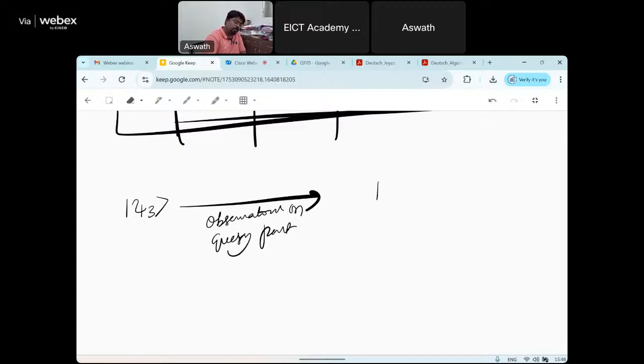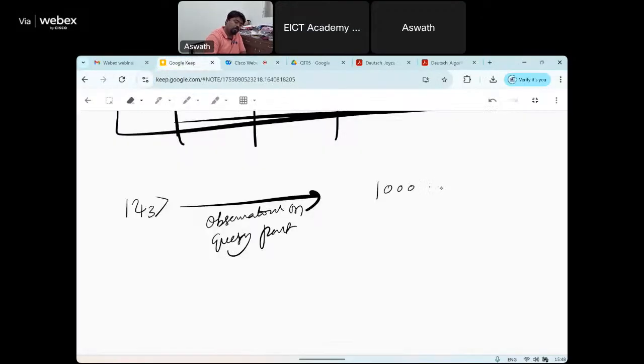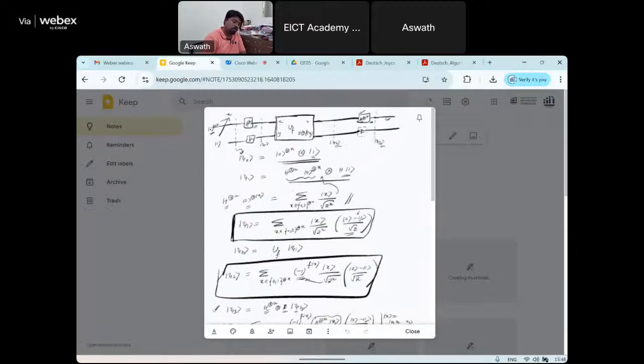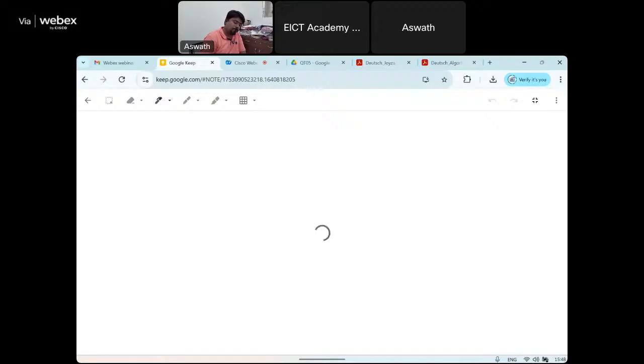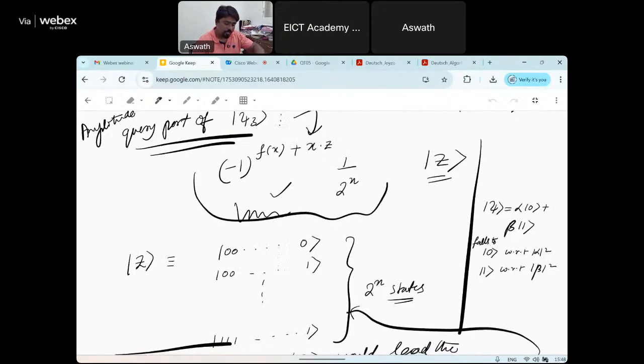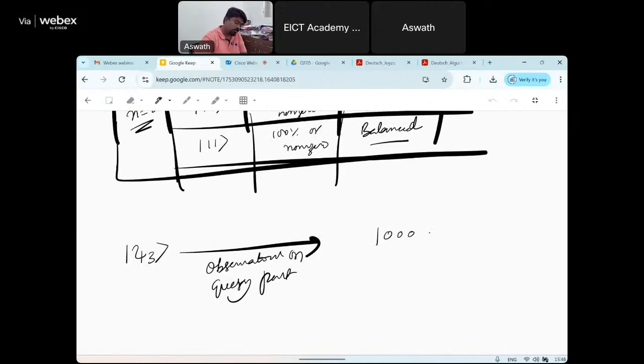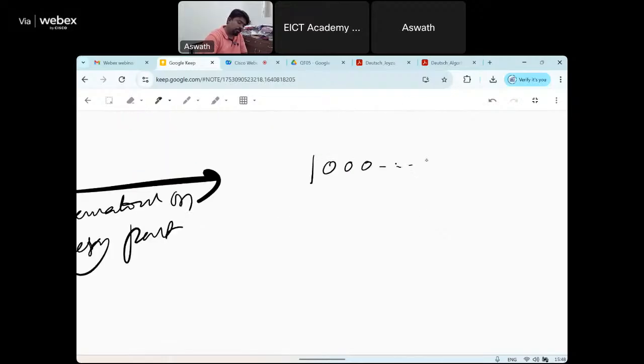If you get 000, the query part is all zeros, but the ancilla can be in superposition.